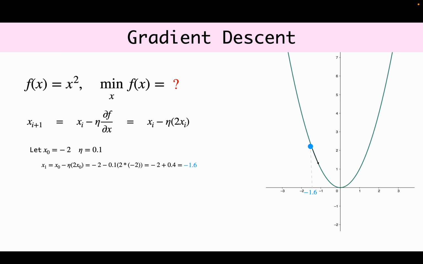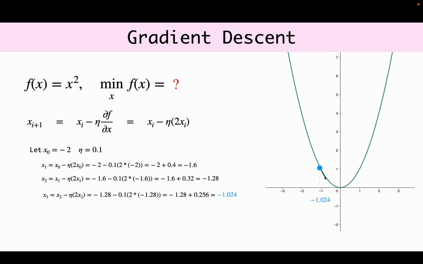After one iteration, from x_0 equal to minus 2, we reach x_1 equal to minus 1.6, which means we are slowly moving towards the right side, because here the gradient is negative. So the negative times negative term becomes positive, and therefore it is moving towards the positive side. In the next iteration it moves further and becomes minus 1.28.